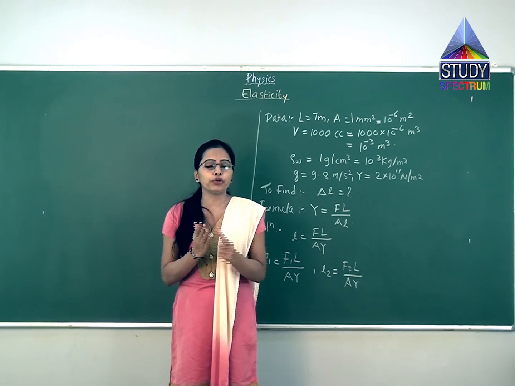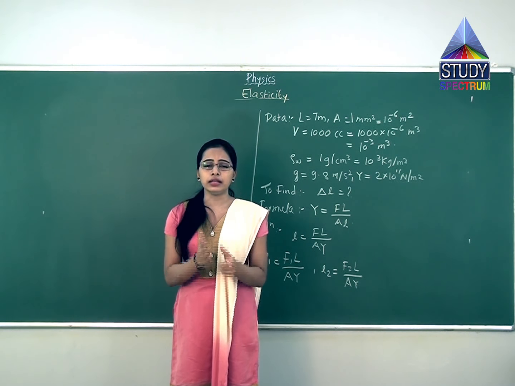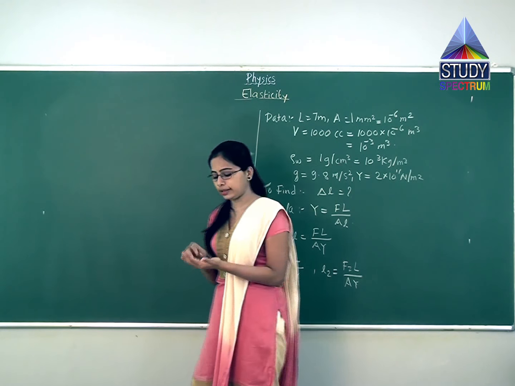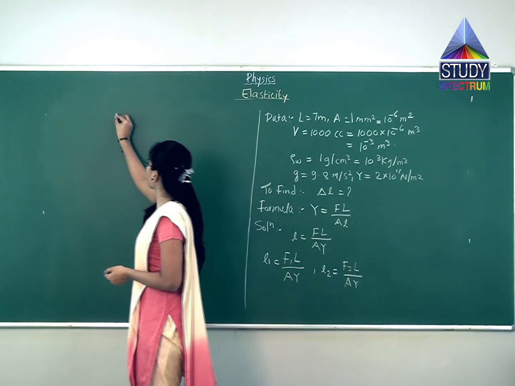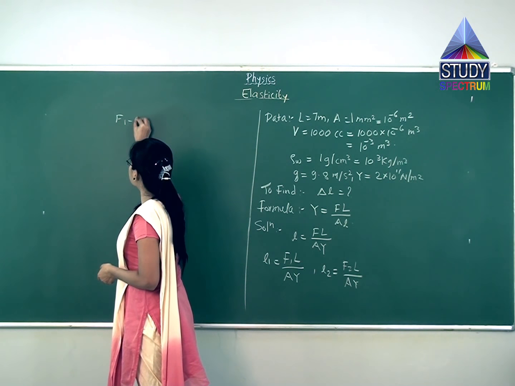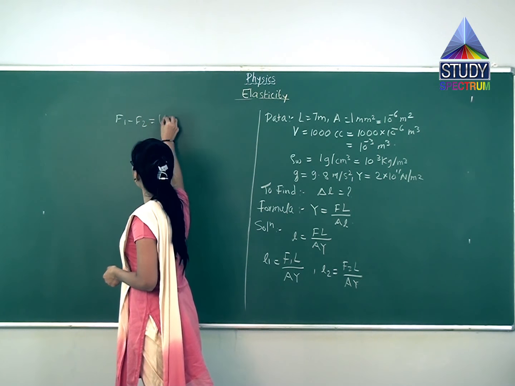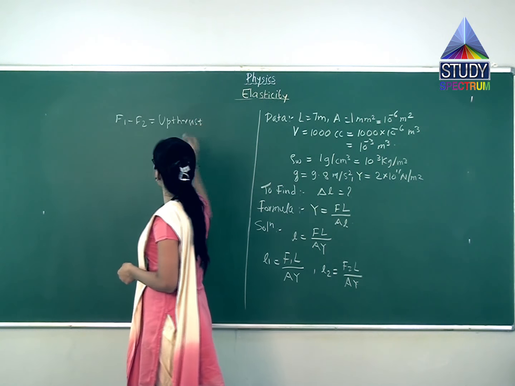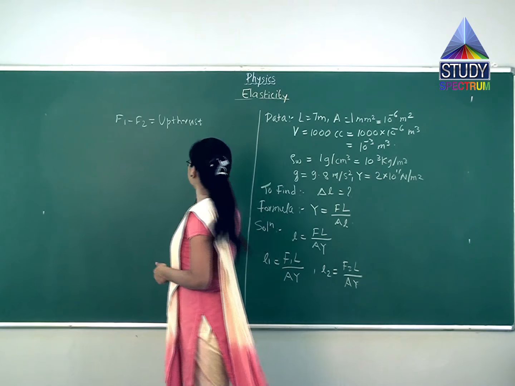So now if you remember the 9th standard, the upthrust we will calculate by using the formula here. F1 minus F2 is the upthrust due to water.